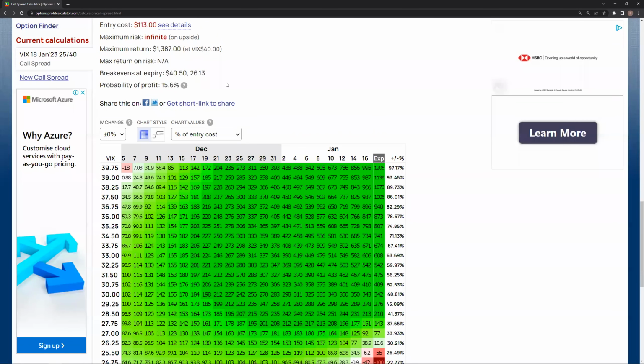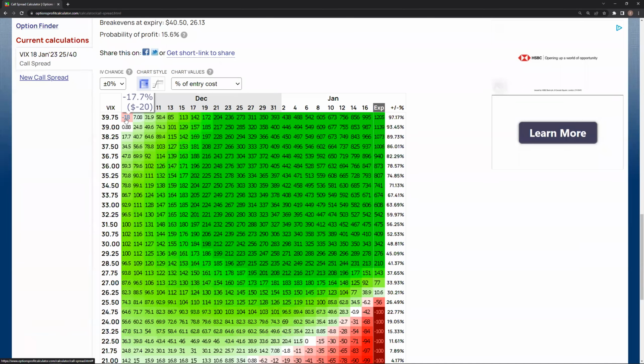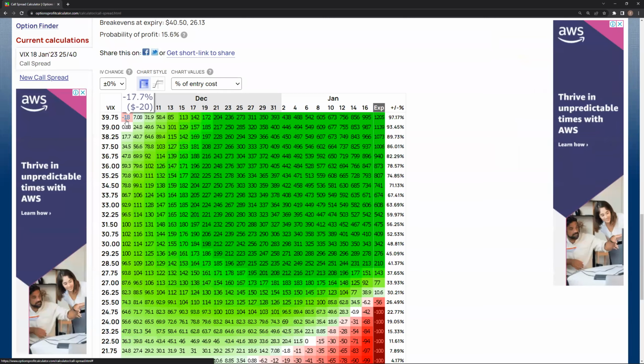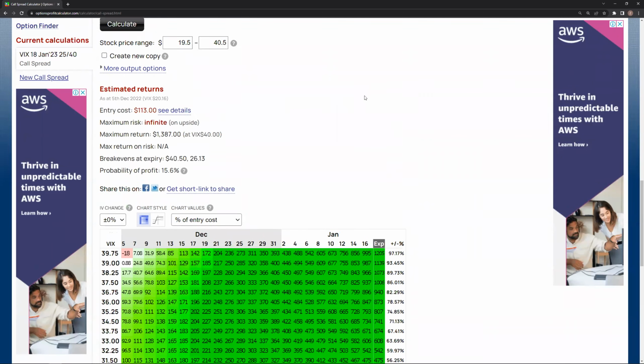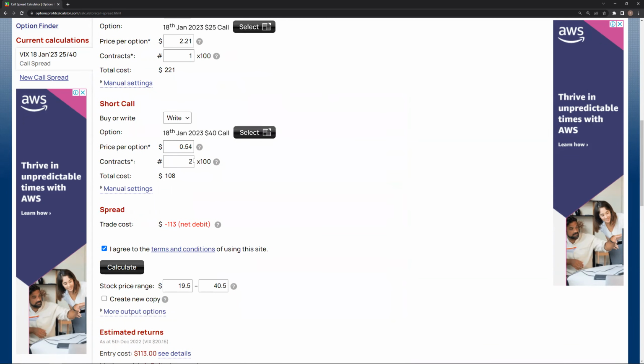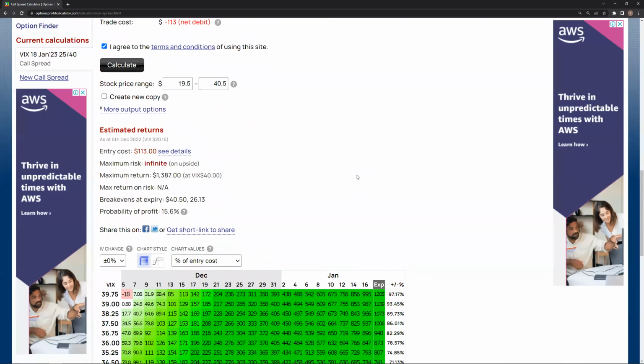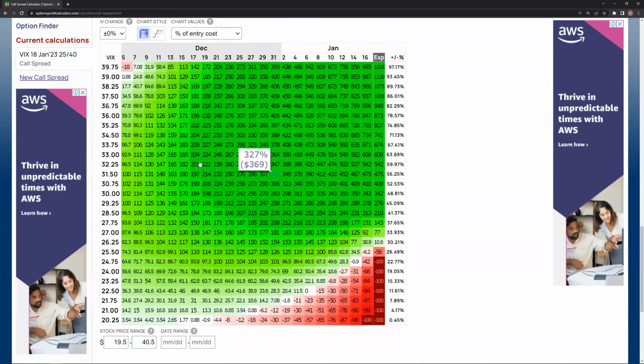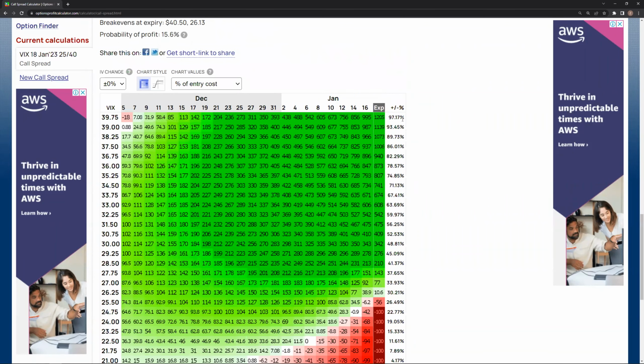So you can see here a negative, meaning if tomorrow VIX goes to 39.75, you are going to lose $20 simply because you have two short positions on your call. So you can kind of work this out.